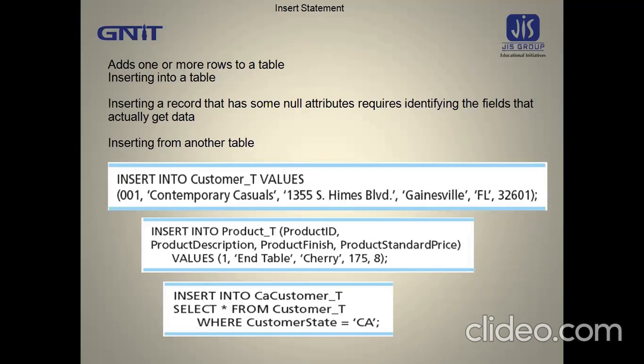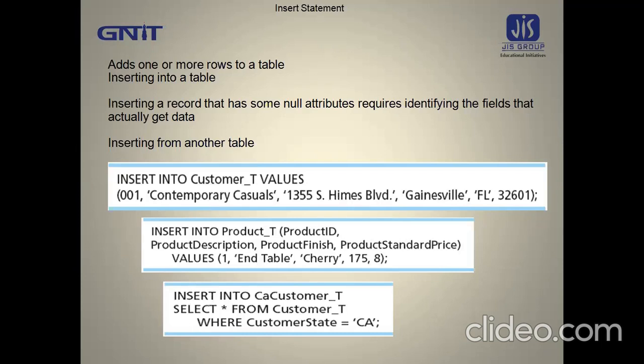Now if you want to insert data into a relation from another relation, then we can write like here we are inserting data in the last example, inserting data from Customer_T table to CA_Customer_T table. We can write INSERT INTO CA_Customer_T SELECT * FROM Customer_T WHERE CustomerState = 'CA'.